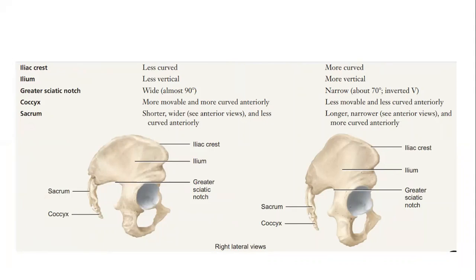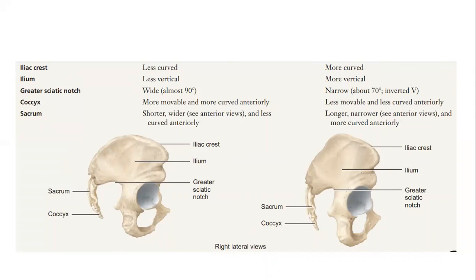You can also check the images just down there to do some comparison between the male and the female pelvis. The ilium is less vertical in female, while in male it is more vertical.